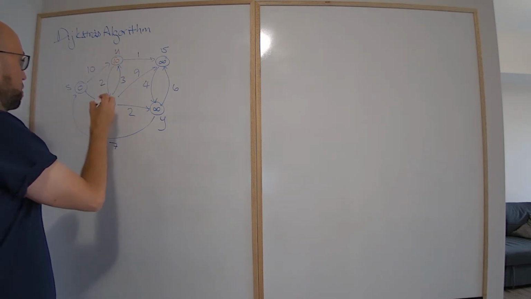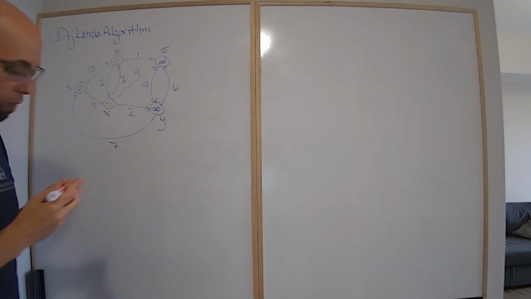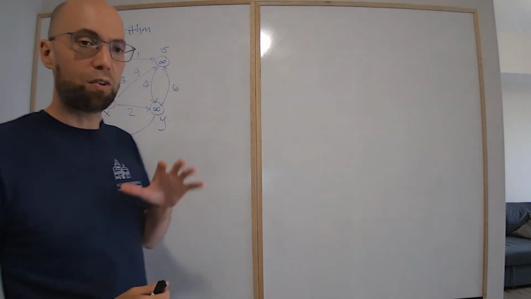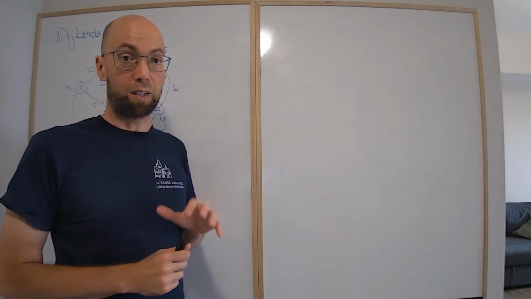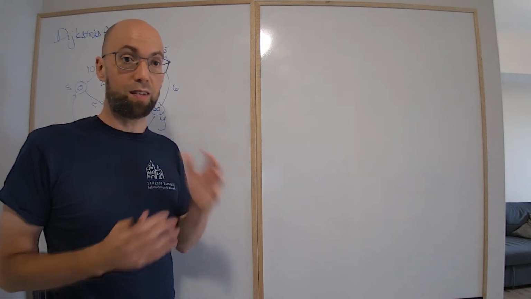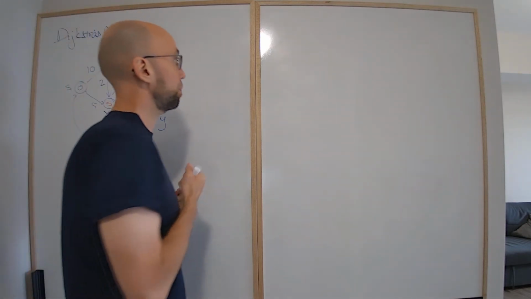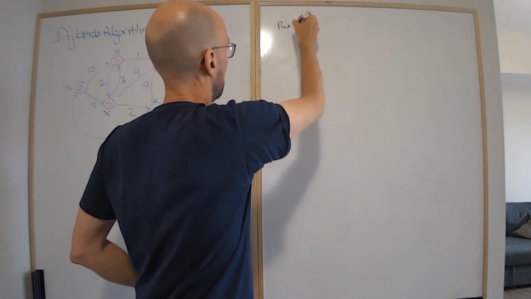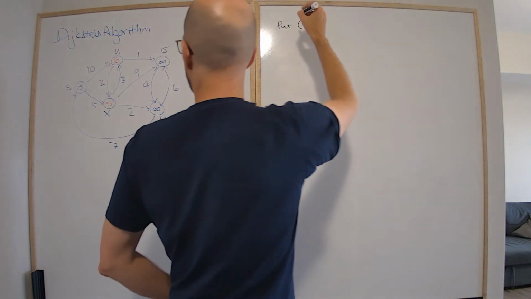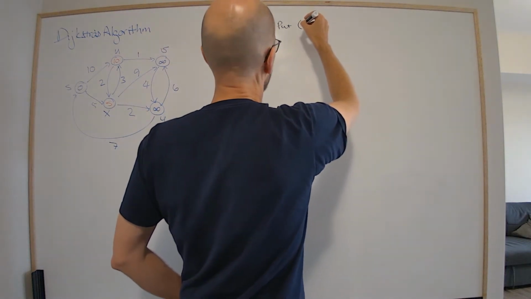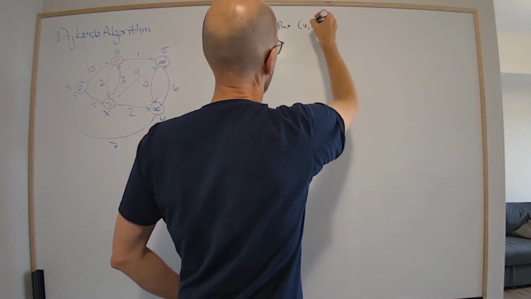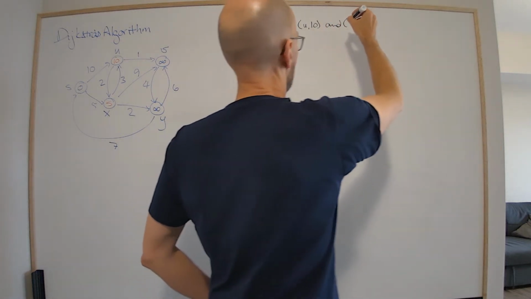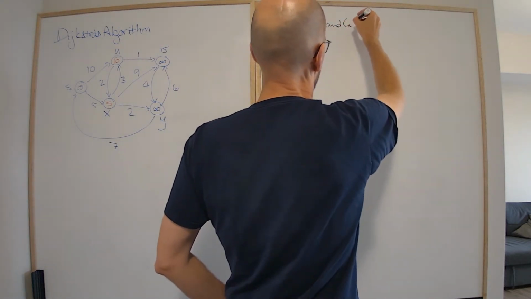And the distance to X is at most 5. So what we do is put those vertices in a priority queue with priorities 10 and 5. Put U10 and X5 in a priority queue.